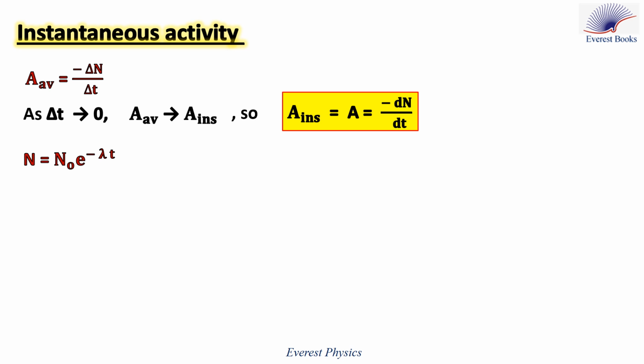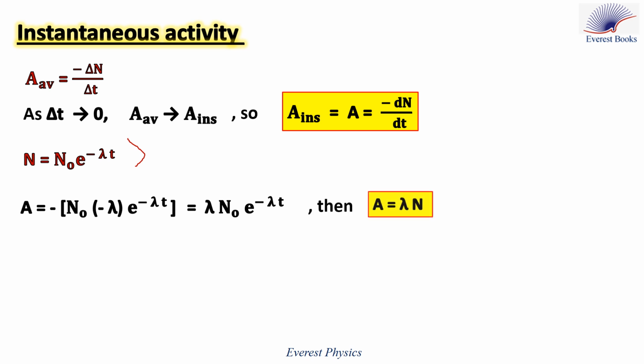So we need to differentiate this expression with respect to time to get A. This gives lambda N0 e to the power minus lambda t. Now this gives A equals lambda N, because N0 e to the power minus lambda t is just N.